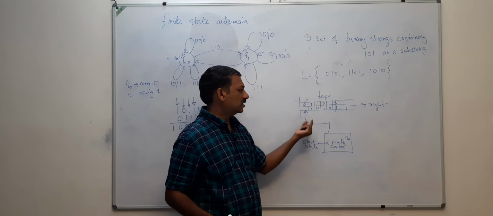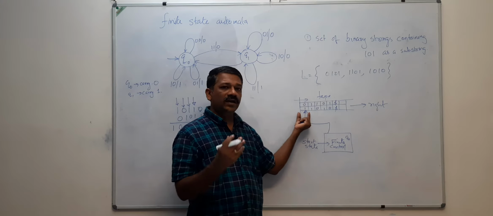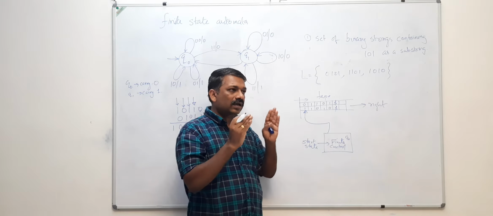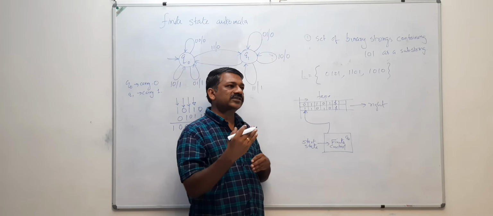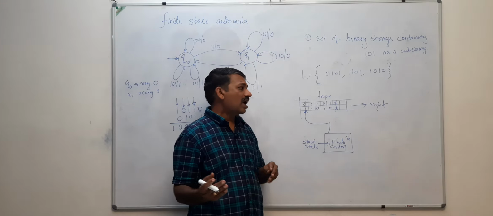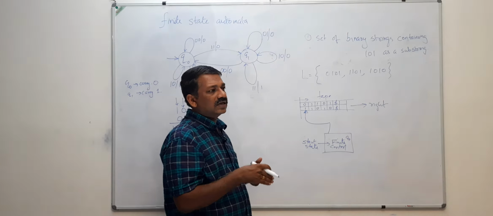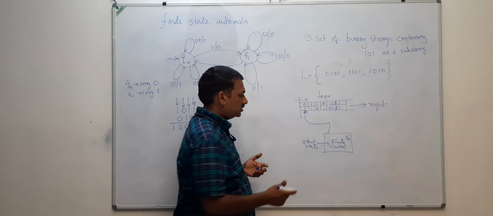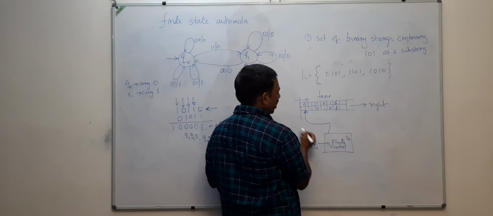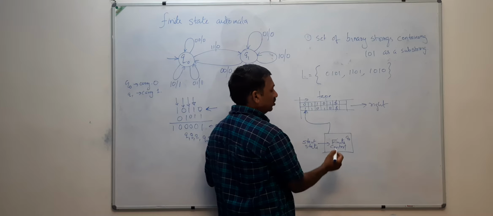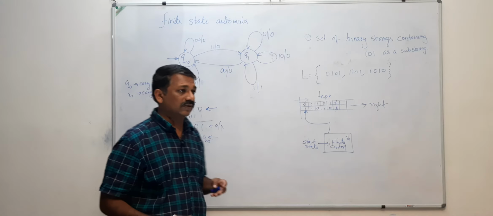After reading each symbol it will switch to a new state, and after reading the next input it will switch to a new state again. The next state depends on the current state and the current input symbol. That means the current state is q0, and if it reads 0 1 it will switch to a new state.